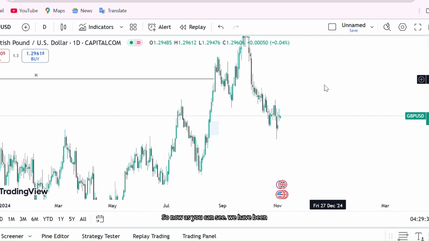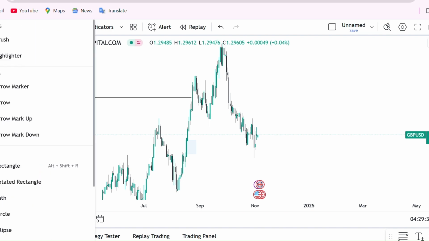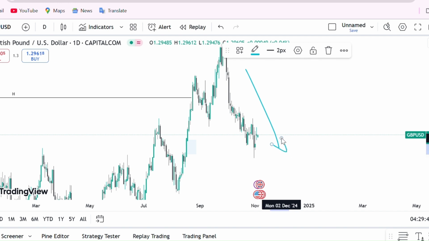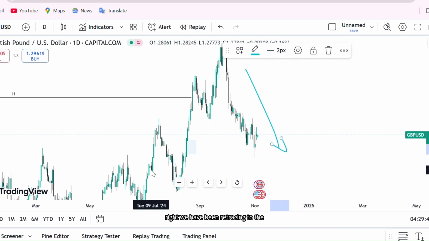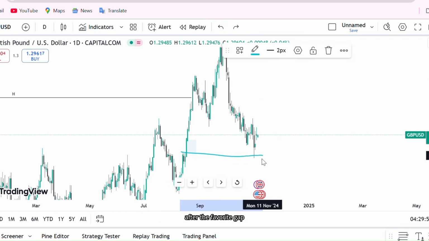So now as you can see, we have been retracing to the downside, and also we have this order block right here after the fair value gap, right?